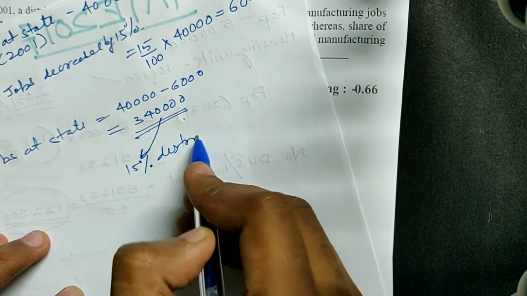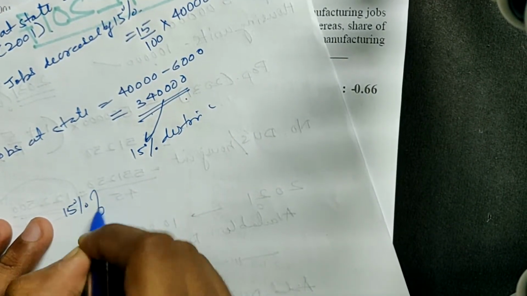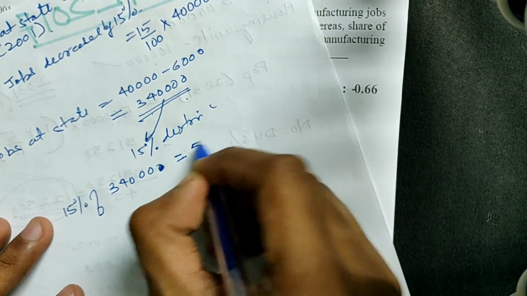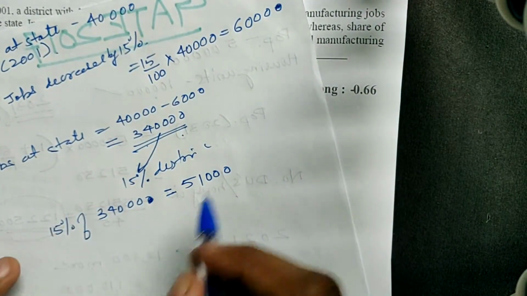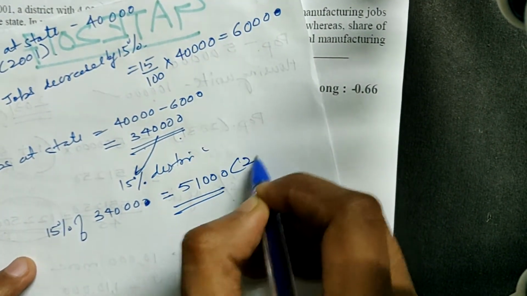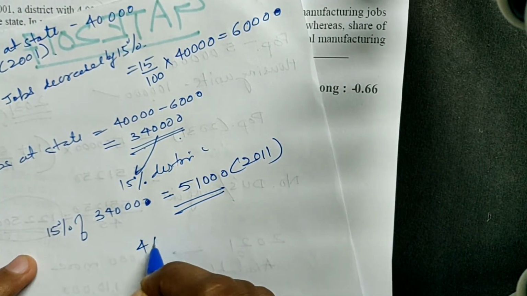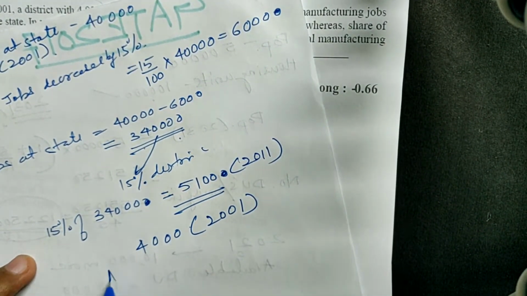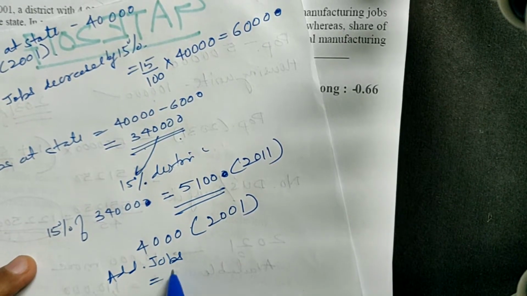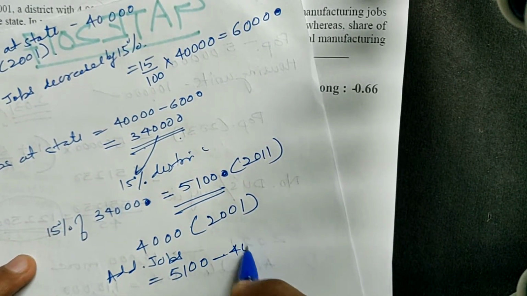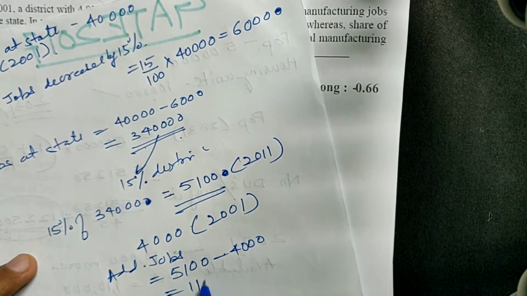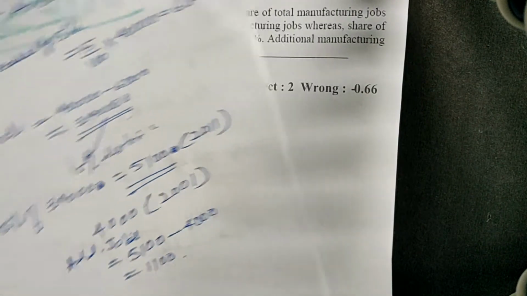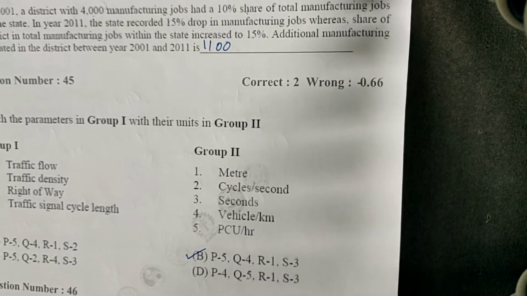So 15% of 34,000 is 5,100. So this is the number of jobs in 2011, and we had 4,000 jobs in 2001. So additional jobs which we have got is 5,100 minus 4,000, which is 1,100 extra jobs created in the next 10 years.